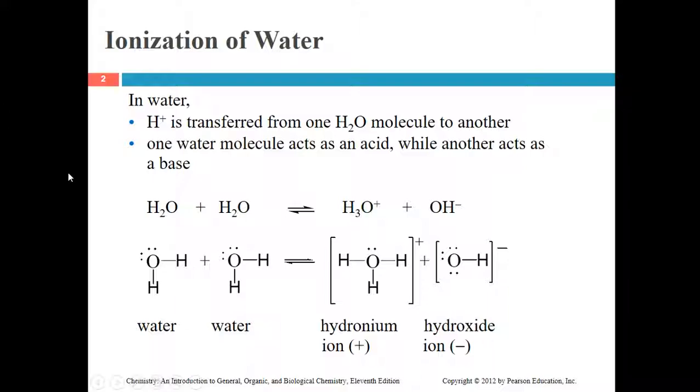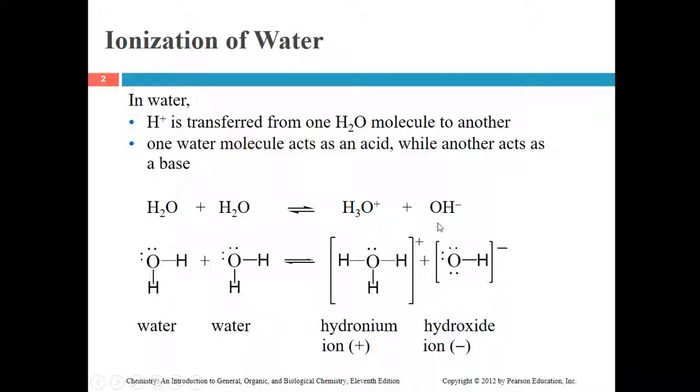And in so doing, when one of our waters accepts a hydrogen, we have our hydronium ion, and when the other water has donated its hydrogen, we have our hydroxide ion. We're going to have equal amounts of those.